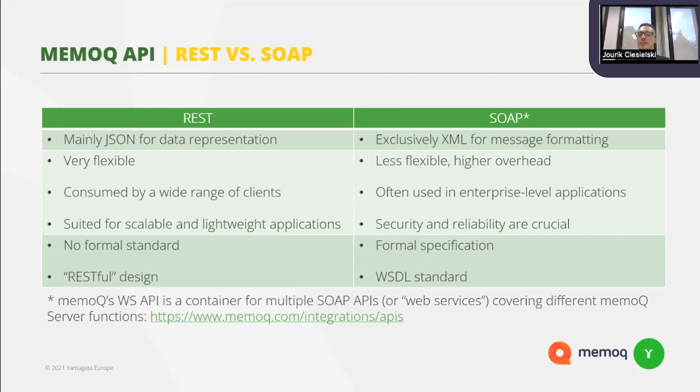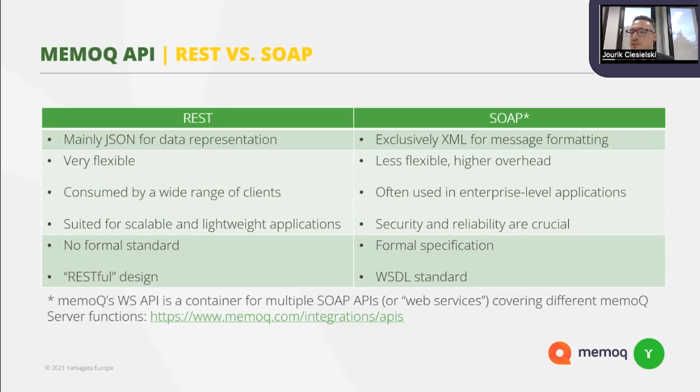What are the most important differences with SOAP APIs? SOAP APIs exclusively use XML for data representation and data exchange, exclusively XML, no way to work with JSON. They are less flexible compared to REST APIs, and they have a higher overhead, which makes them a little bit more complex to implement in your workflows, in your processes.